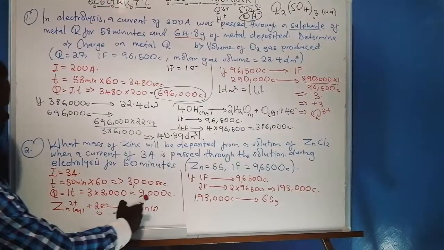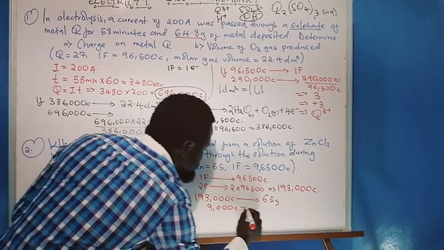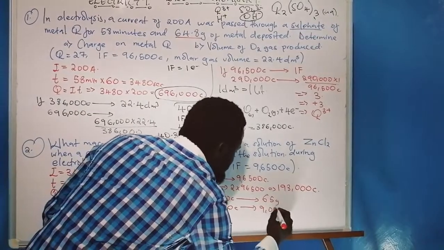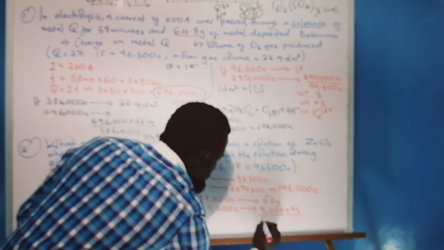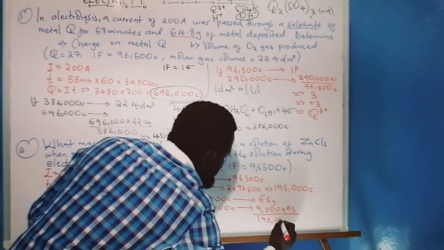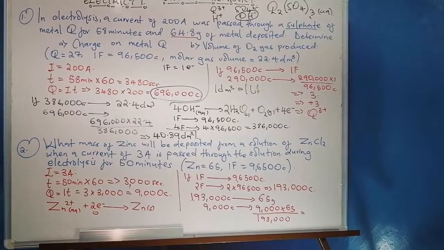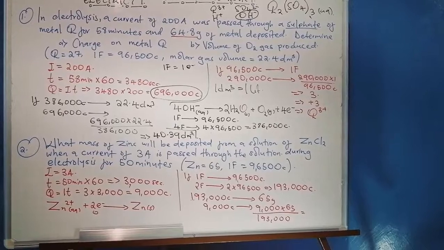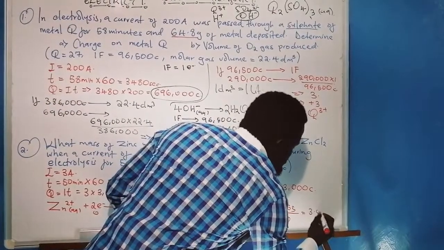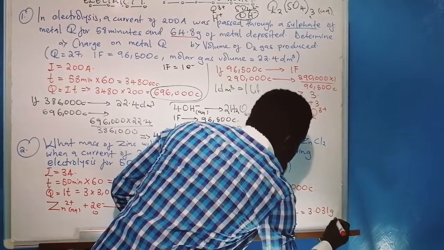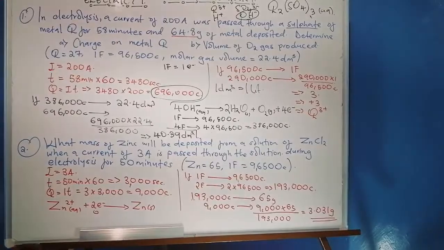How about this quantity of electricity? 9,000 coulombs. So it will be 9,000 times 65 divided by 193,000. So when I punch that in my calculator, I will get automatically 3.0031 grams. So that is the mass of zinc.